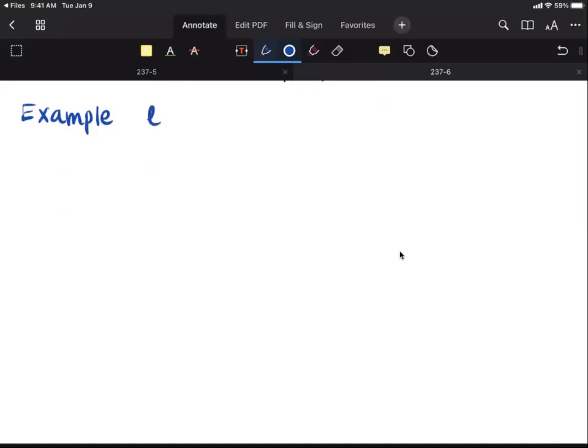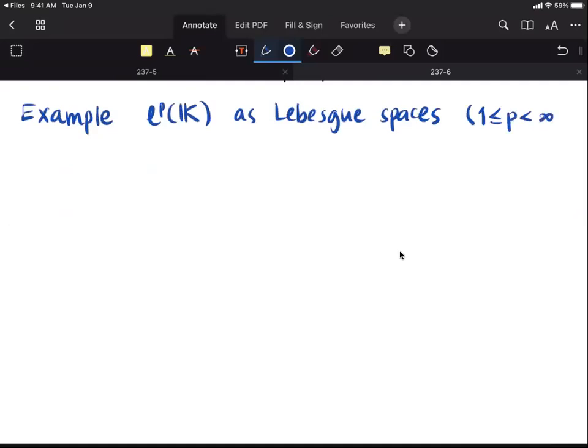We will view the little l^p spaces as Lebesgue spaces. And here we consider, let's say, when p is finite. In fact, it will also be valid for p equals infinity.